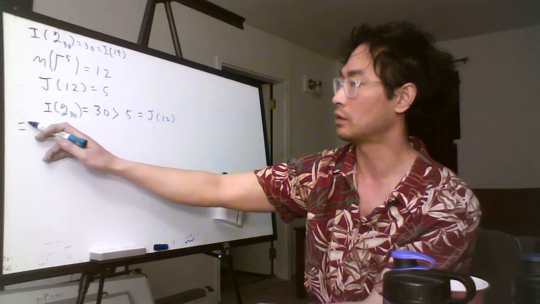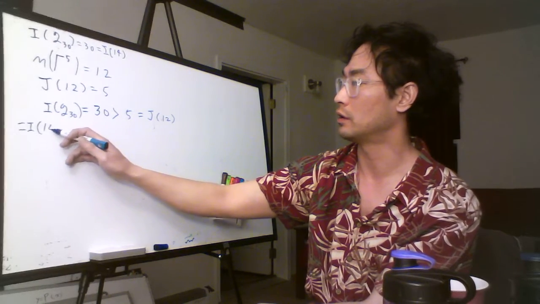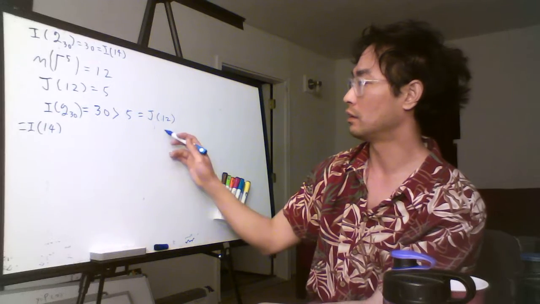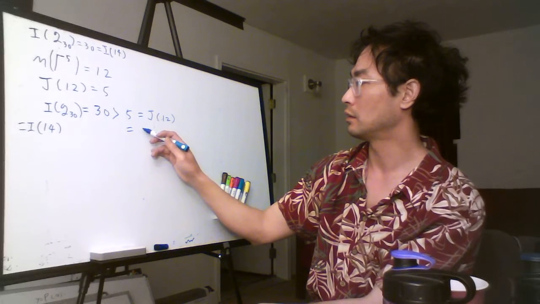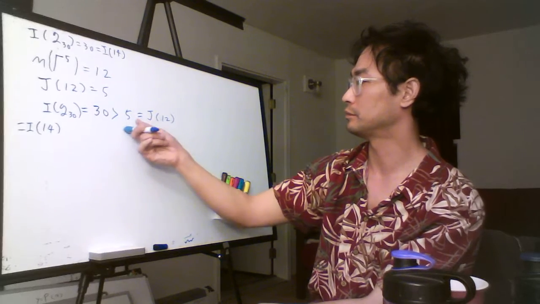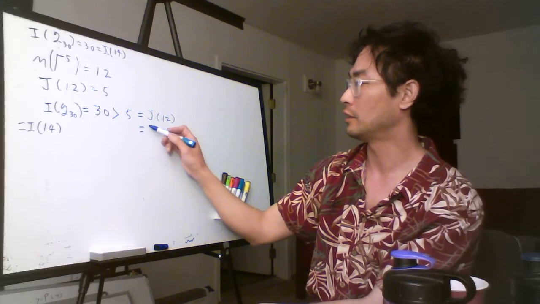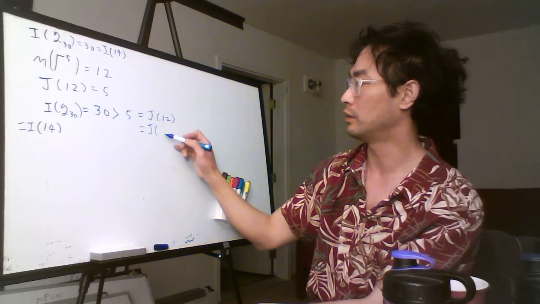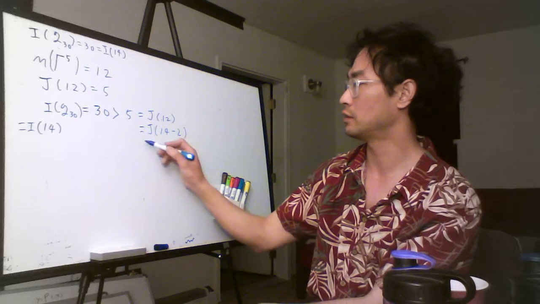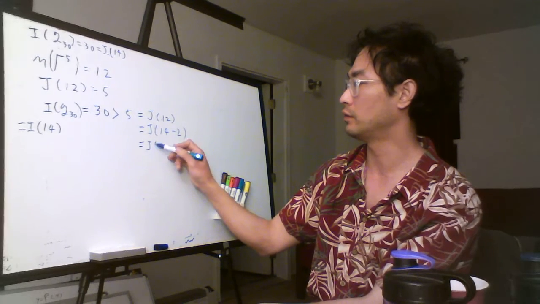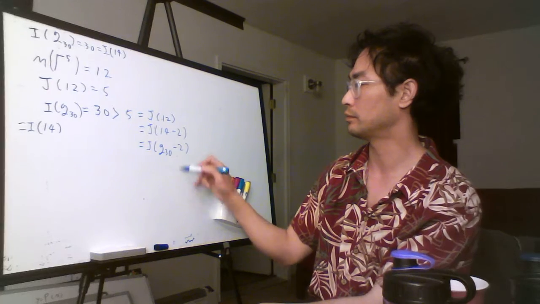This is the left hand side, 14. Right hand side, let's line them up neatly. J of 14 minus 2, which is J of G30 minus 2.